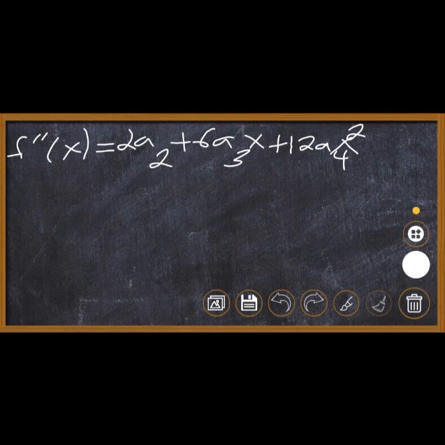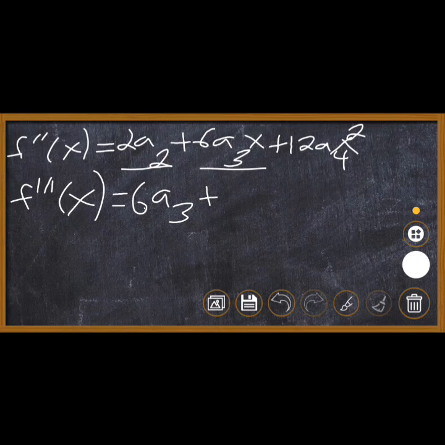So the third derivative, of course, is going to be: this one is just going to be 0, and then when we differentiate this one, it's just going to be 6a3, because x will just go out, and then when we differentiate this, 12 multiplied by x to the power 2, of course we are going to have 24a4, then x.